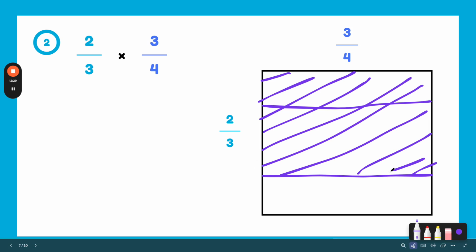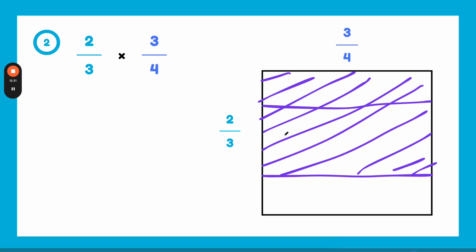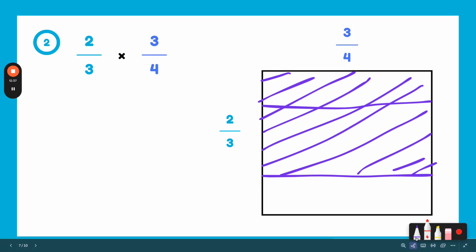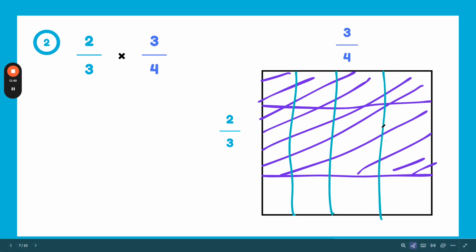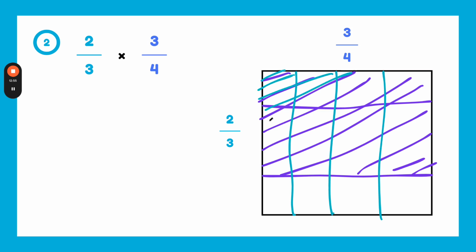So this is 2/3 because there's 2 pieces shaded and it's divided into 3. And for 3/4, we split the square into 4 vertically, and we shade 3 of the pieces.